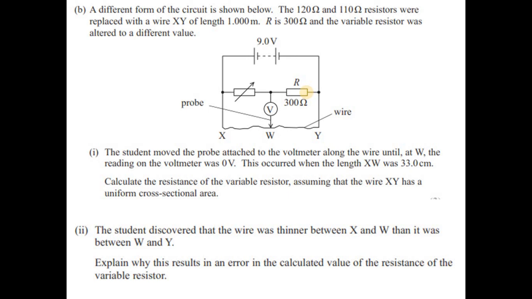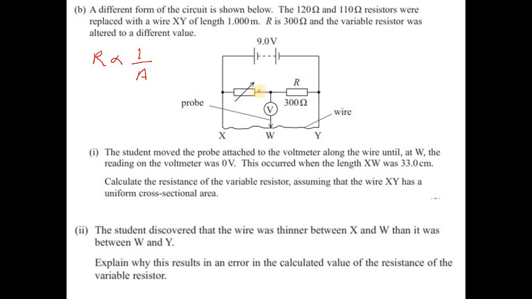Clearly, you know that the resistance of any wire is inversely proportional to the area. That means the thinner the wire, the higher the resistance. That means the resistance of XW will be higher than WY.